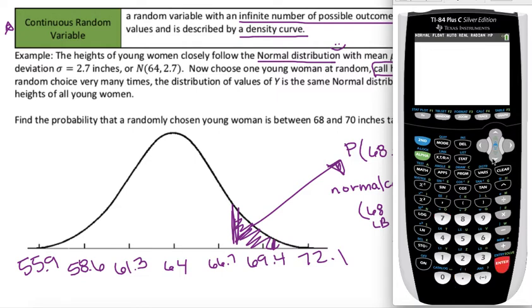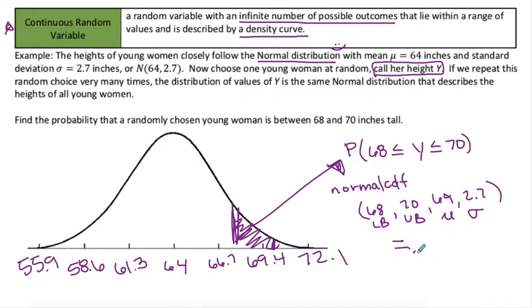Paste that in, or use commas as we enter it, and then we get a probability of 0.0562. So find the probability that a randomly chosen woman is between 68 and 70. There's about a 6% chance that we would choose a random woman and her height be between those two measurements.